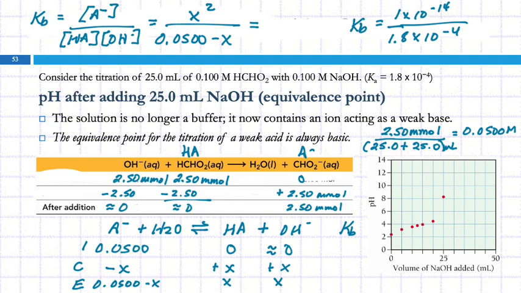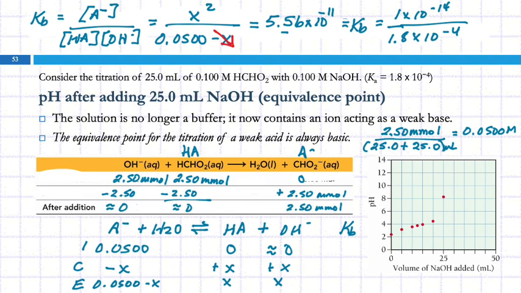So 5.556 times 10 to the minus 11. Let's cross our fingers, hope that x is small works.